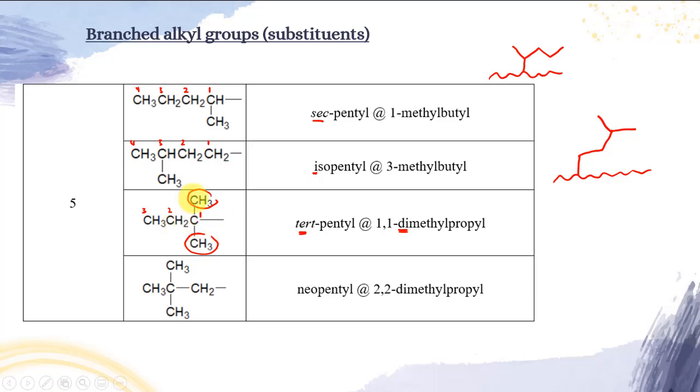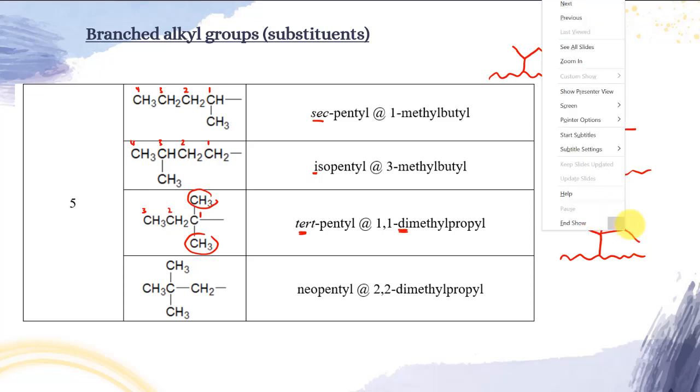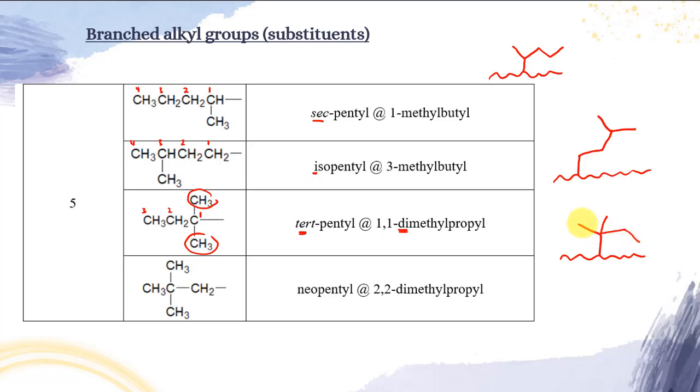So 1,1-dimethyl propyl, or tert-pentyl. The structure looks like this, in which the carbon attached to your parent chain is a tertiary carbon. Then 1, 2, 3, 4, and another carbon directly attached to another branching here. You can put it here, this one, or this one. Make sure there are 5 carbons altogether. 1, 2, 3, 4, 5.